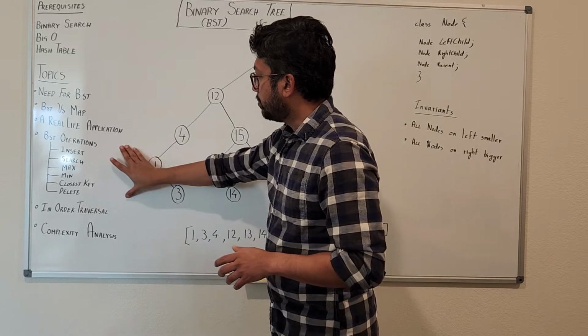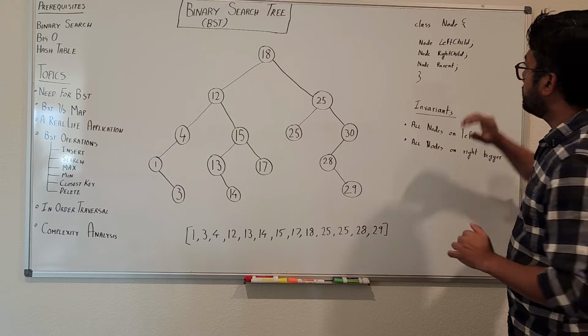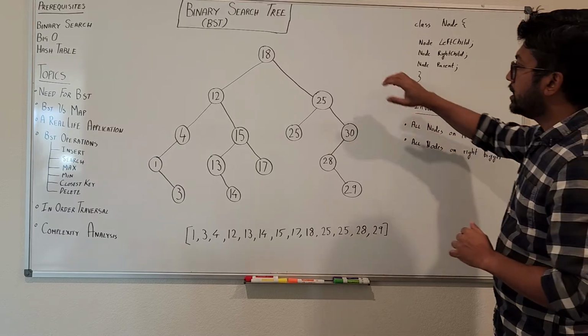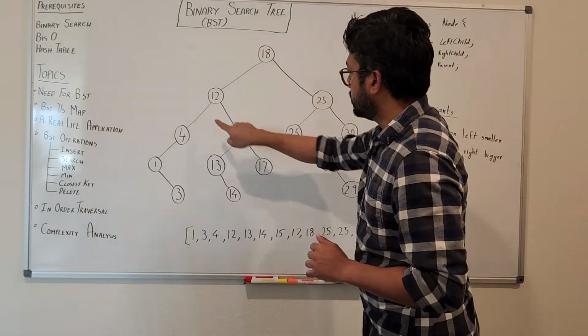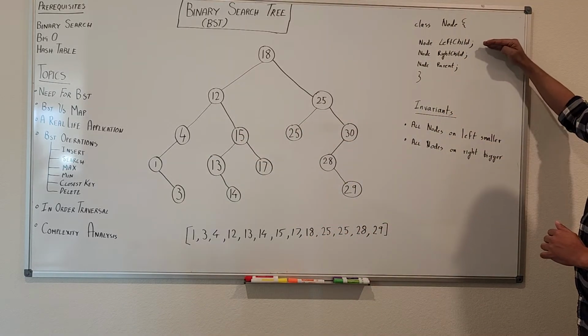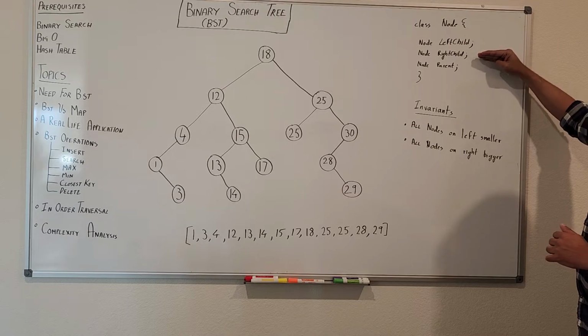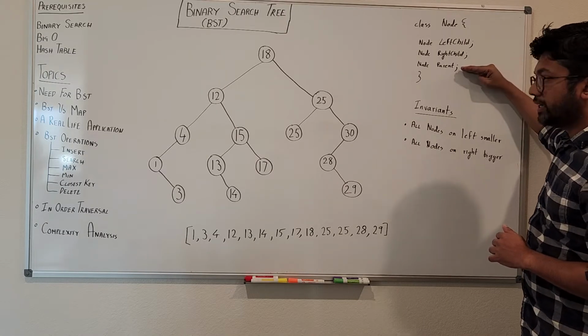Now let's look at the operations. Before we look at the operations, actually let me tell you this. So all of these are nodes. So this is how a node looks like. A node has a left child, which itself is a node, right child, which is also a node, parent, which is also a node.